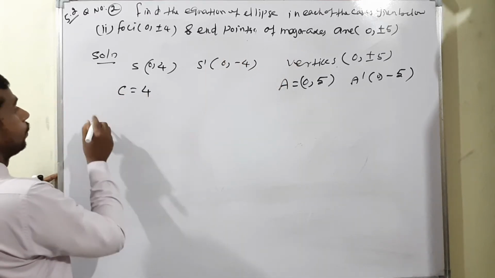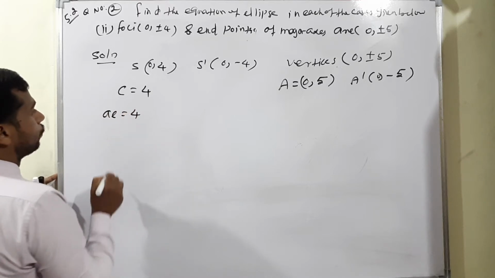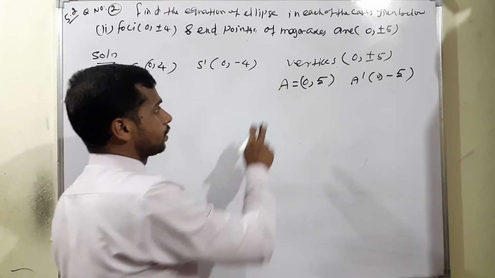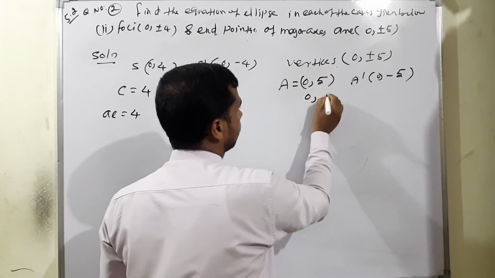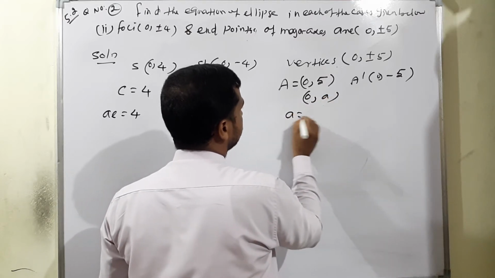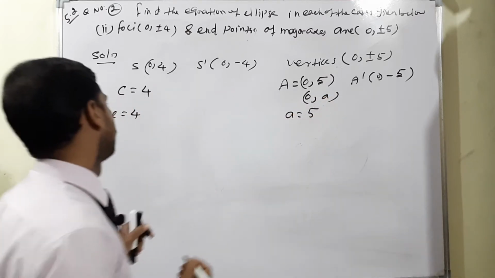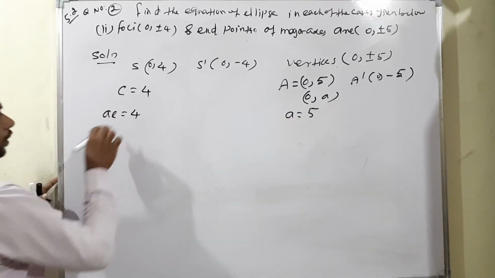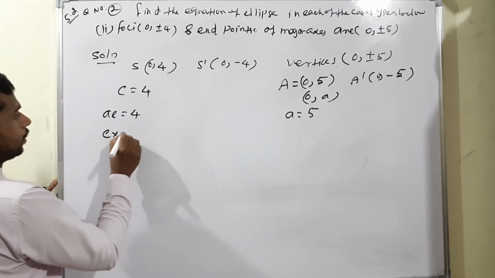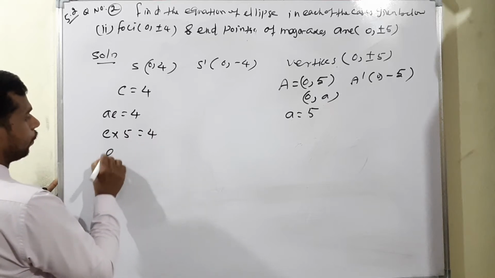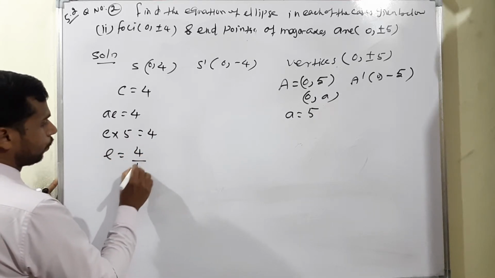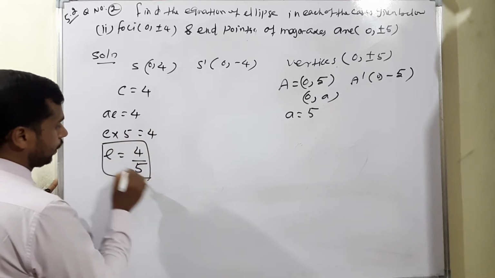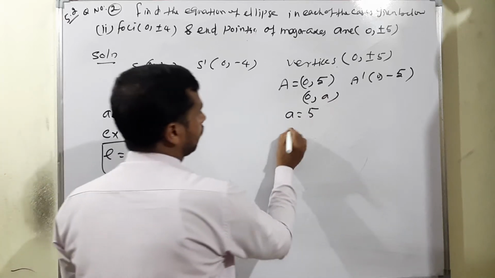So C is equal to 4, which we can write as AE equal to 4. The vertices are 0 comma A, so A is equal to 5. Therefore, if you know the A value, you can just apply. So e into 5 equal to 4 means eccentricity e is equal to 4 by 5. After getting the e value, what is the meaning of A square?